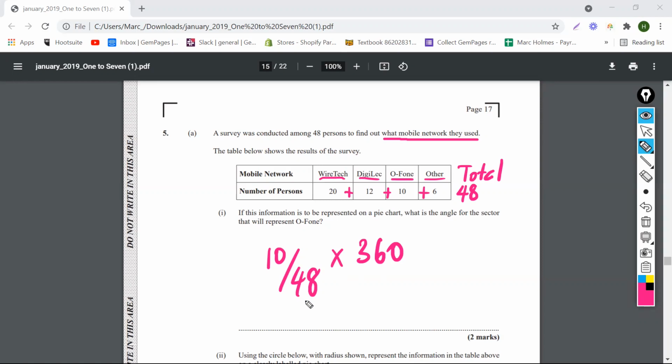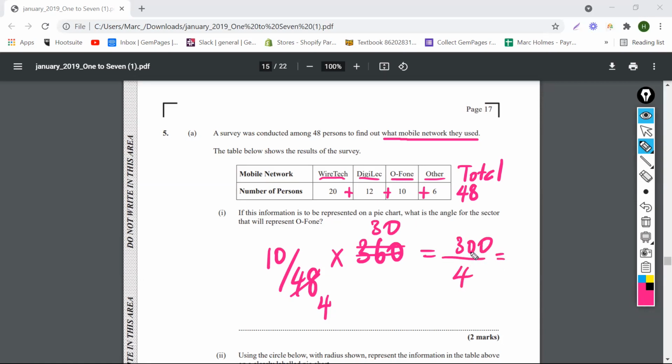Not completely. But if we multiply this, guys, well, 12 can go into 48, am I right? 4 times, yeah. And 12 can go into 360, 30 times. So I would end up with 30 times 10, which is 300 over 4.